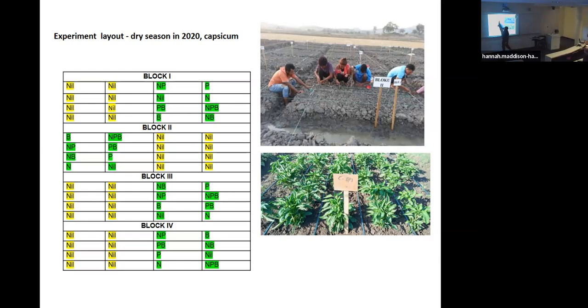These plots were cultivated using a tractor in order to prepare them. And then all plots here are planted with capsicum, but the yellow ones are not treated with fertilizer, while the green ones are treated with fertilizer.